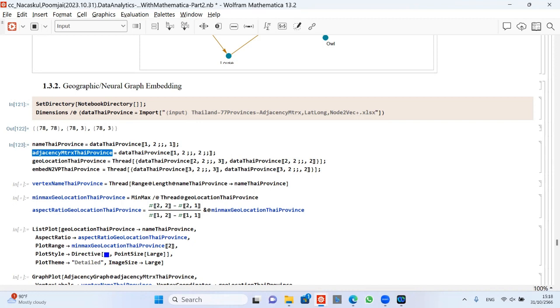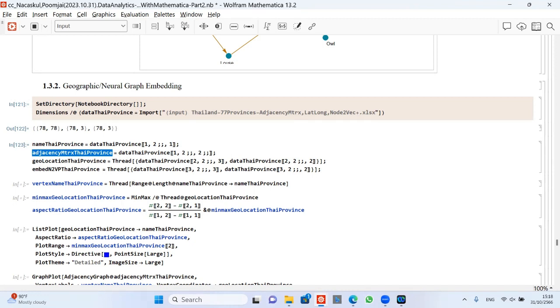Question. Is this matrix symmetric? Yes. Because if you can go from one province to the other, you can go the other way around. Right? It's not like immigration flow where, you know, one country go to the other country can't come back or something. Okay? This is bilateral, right?